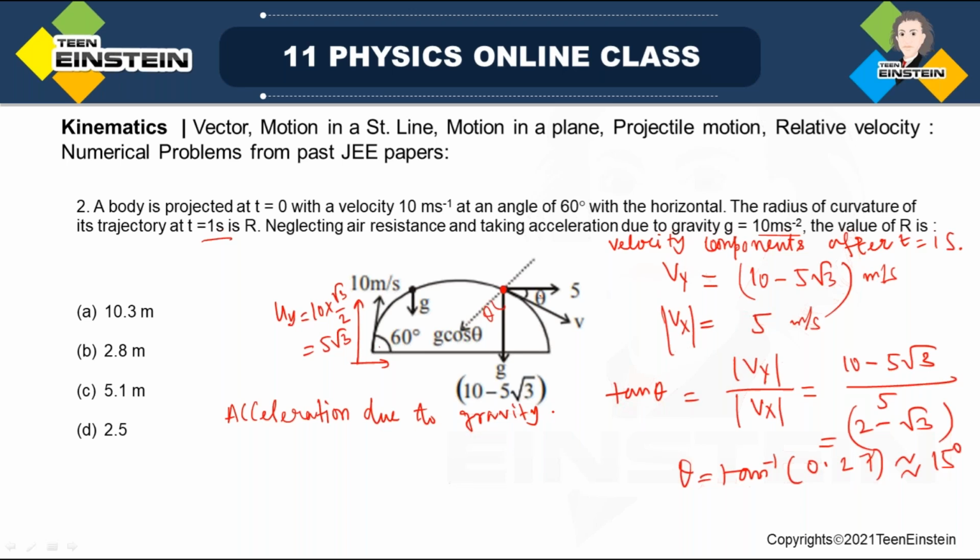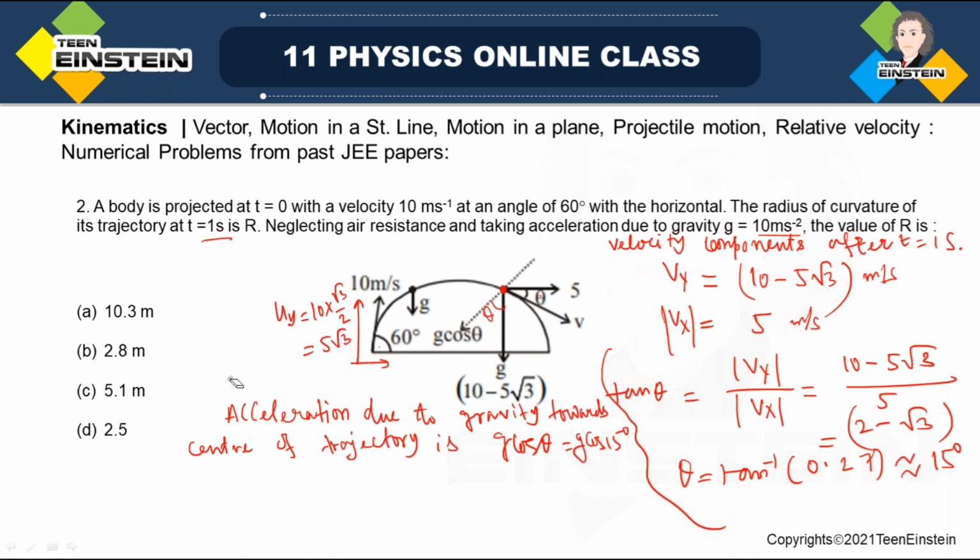So the acceleration due to gravity towards the center of the curvature, towards the center of the trajectory, is g cos of theta. That means g cos of 15 degrees. So this is what we have come to know.